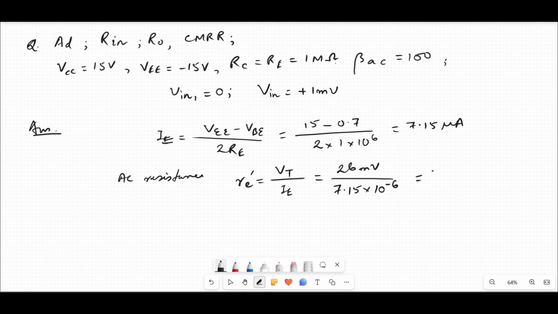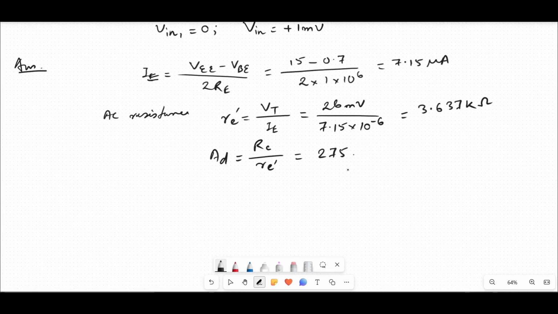So this value will come out to be 3.637 kilo ohm. Now the voltage gain formula is given by RC by RE dash. So this will be 275.